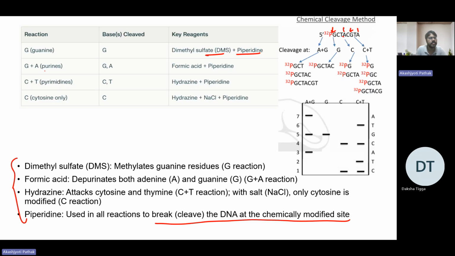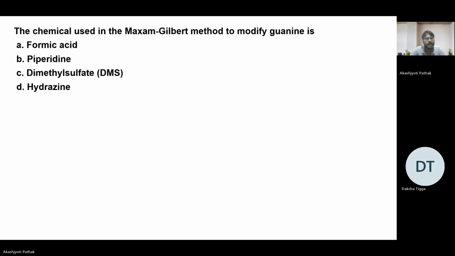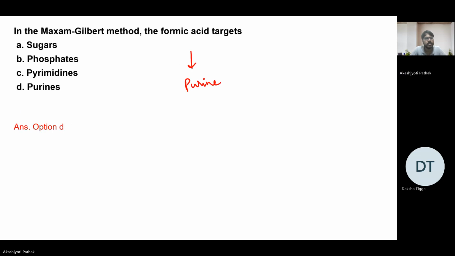So you see here, formic acid is targeting your purines, and hydrazine is targeting your pyrimidines. Hydrazine plus salt is targeting cytosine. You have to remember this table. Answer is option D. Formic acid targets purine, and hydrazine targets pyrimidine.